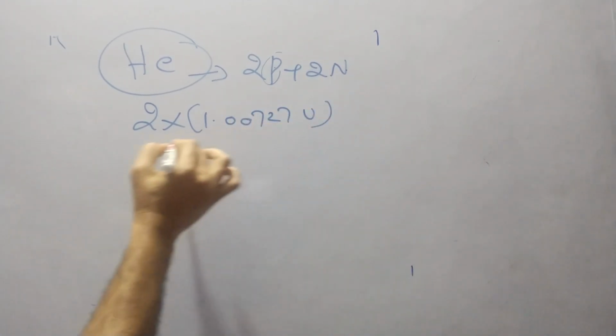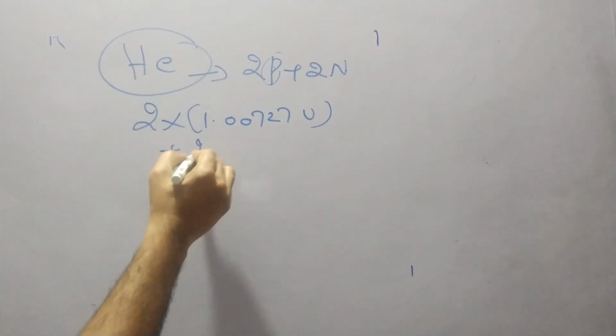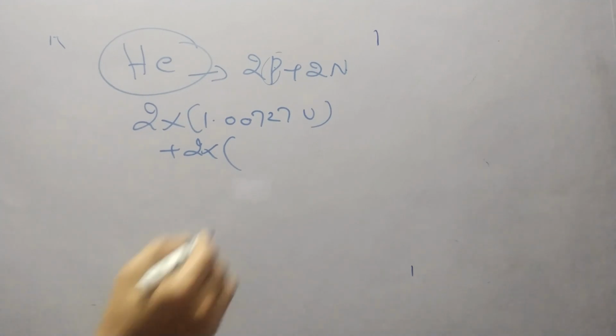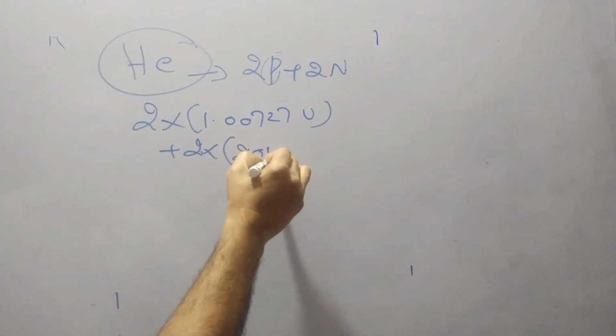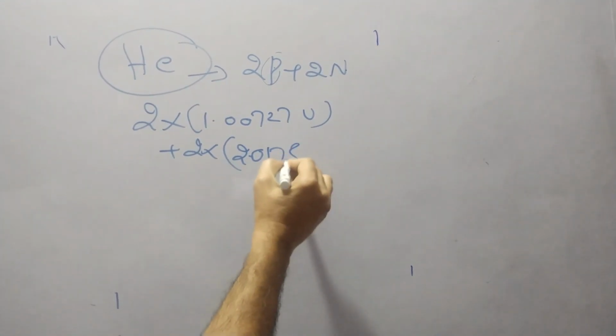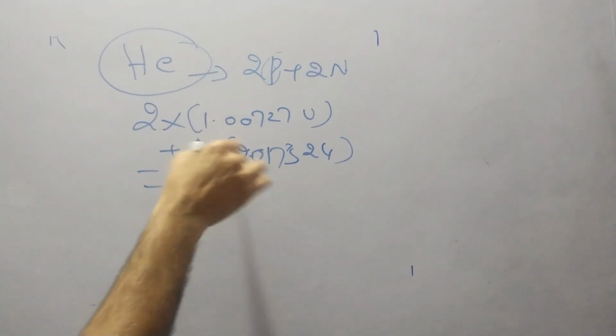How much mass is it that we are finding here for helium? 2 into, for a neutron, the mass unit is 1.008665.